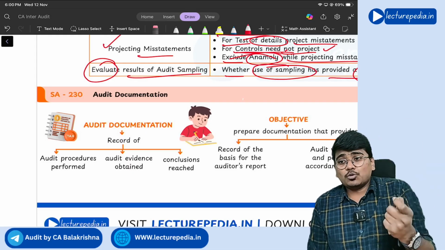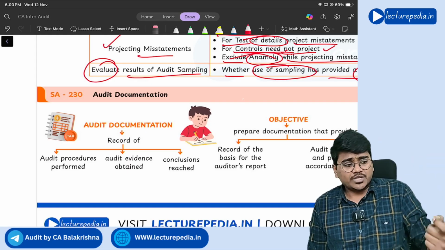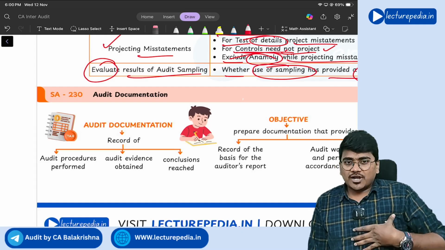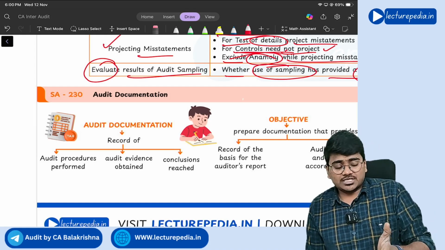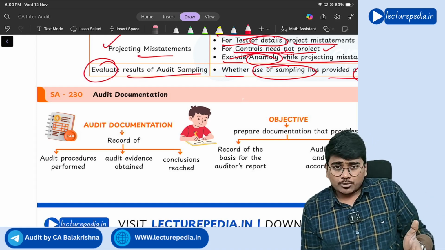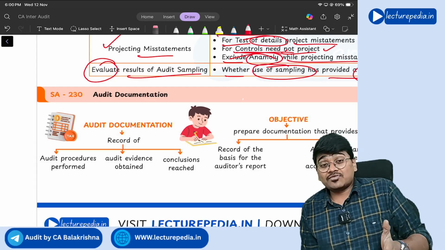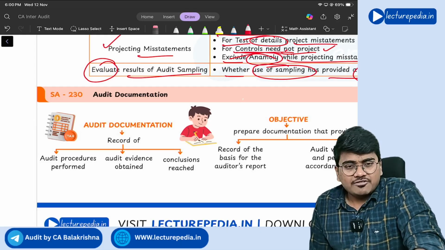So to prove to others, others means entity, various authorities, okay, to prove to them that you have performed the work properly, you need to maintain documentation. See, if there is no documentation, it means that you have not done the work at all. Okay, so documentation is very, very important.